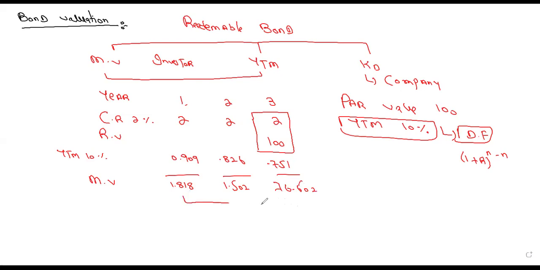Now, if you will add all of them, what is the market value of the bond coming? Please check year 2 is 1.652. The total is 80.072.